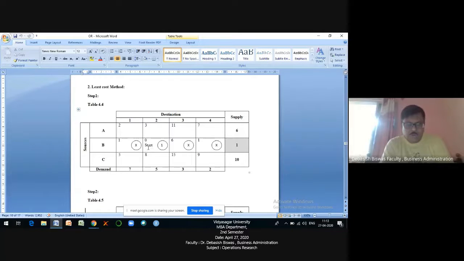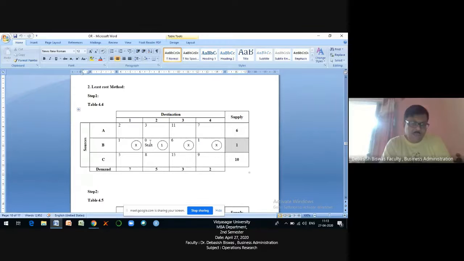Therefore, we must start from this particular cell, not from the extreme left. If we start from the extreme left, we are following the northwest corner rule.